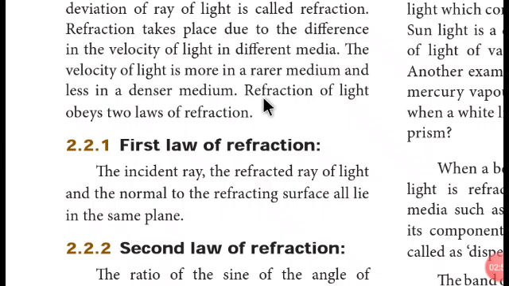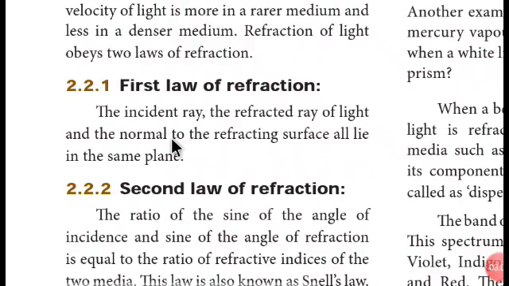In the last class, in ninth standard, you might have studied there are two laws of reflection, and here you will be studying two laws of refraction. Okay, paragraph clear.